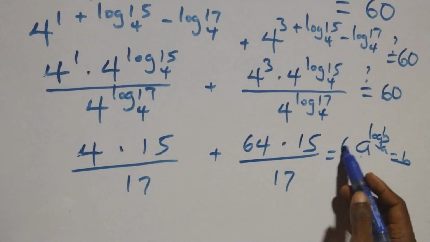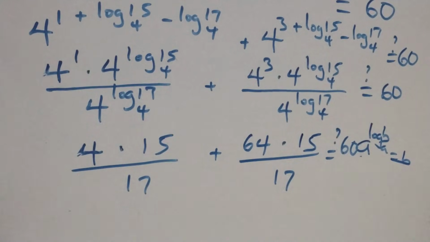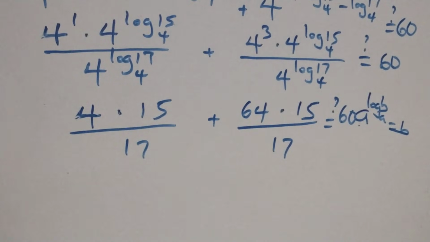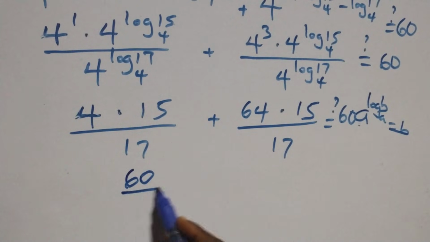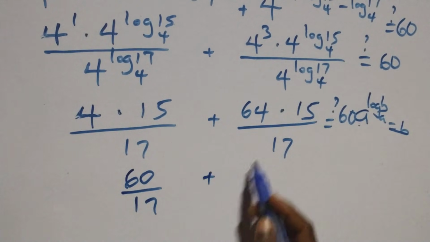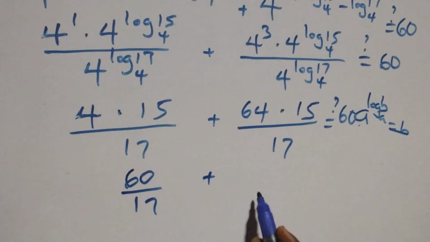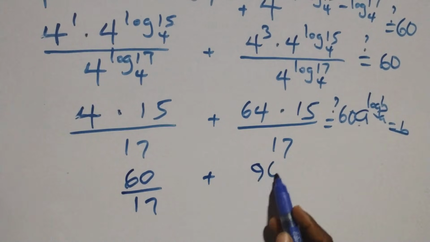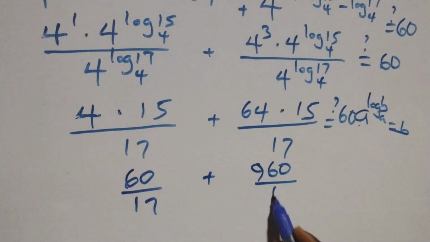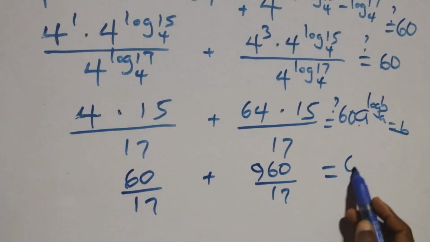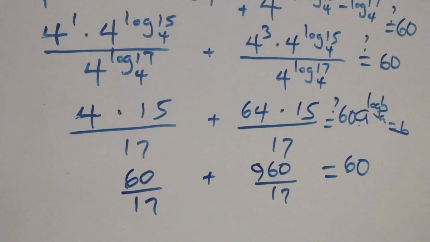Is it equal to 60? Then here 4 times 15, that's 60 over 17, plus 64 times 15, you have 960 over 17.